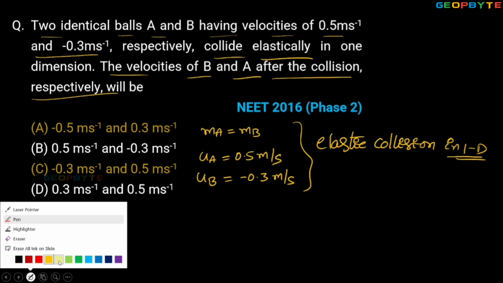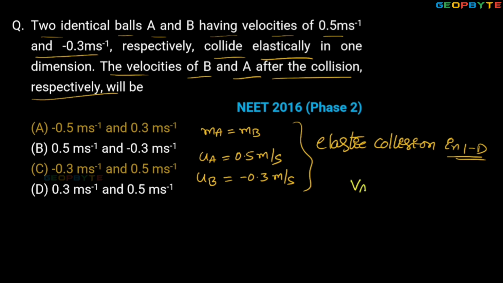Final velocity of A is VA. Final velocity of B is VB. Right? It is asking what is the final velocity of B and final velocity of A respectively. As you know, when two identical balls are colliding with different velocities in elastic collision manner, just velocities are exchanging.